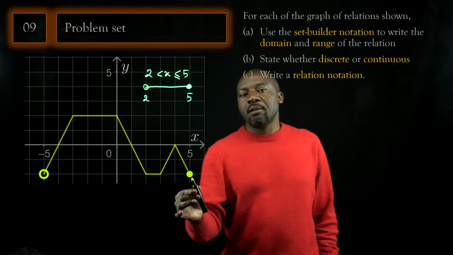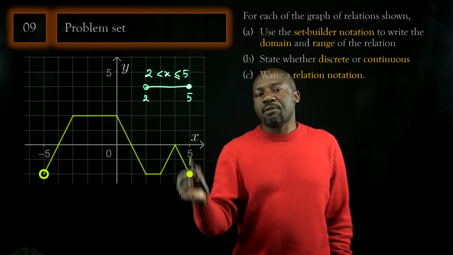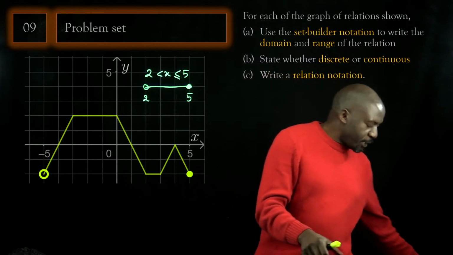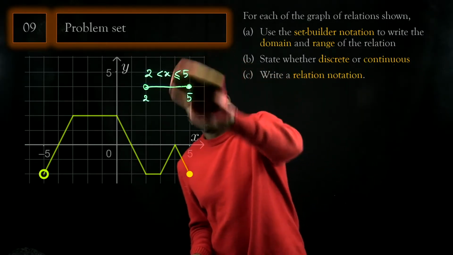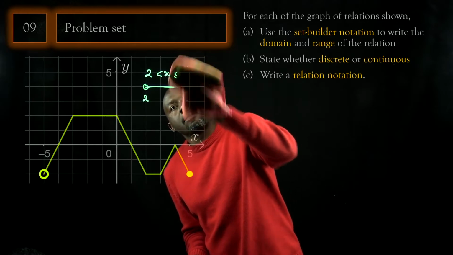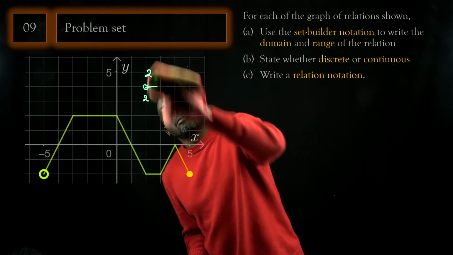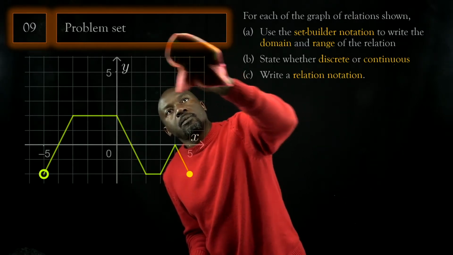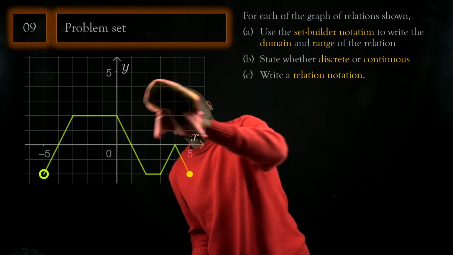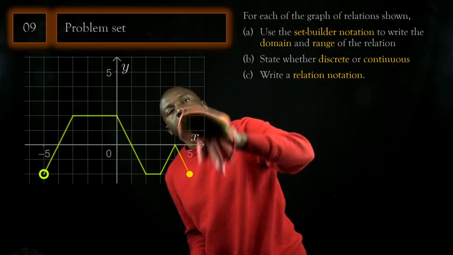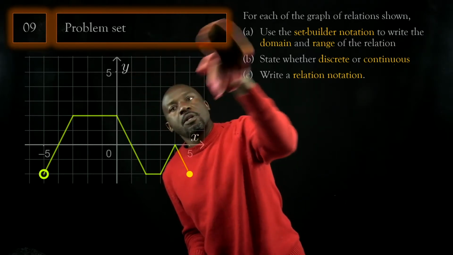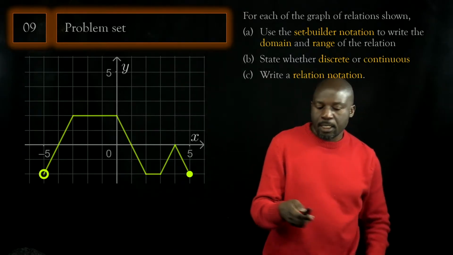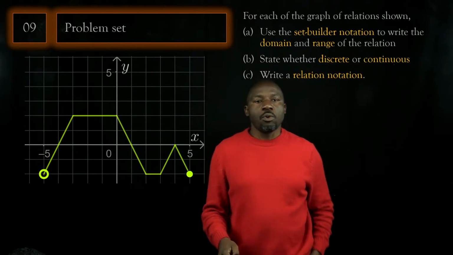On the other hand, because this is filled, the 5 is in the domain, okay? So that's what this means. So let's see what this gives us then. So what's the domain?